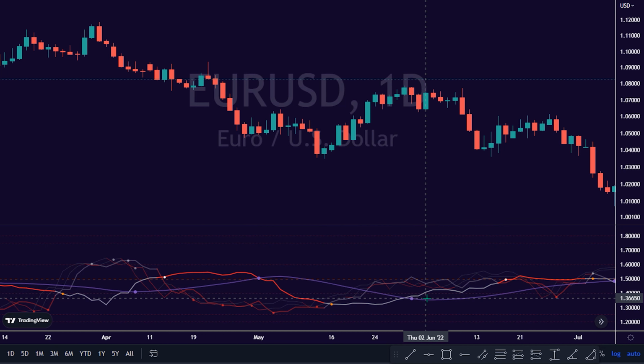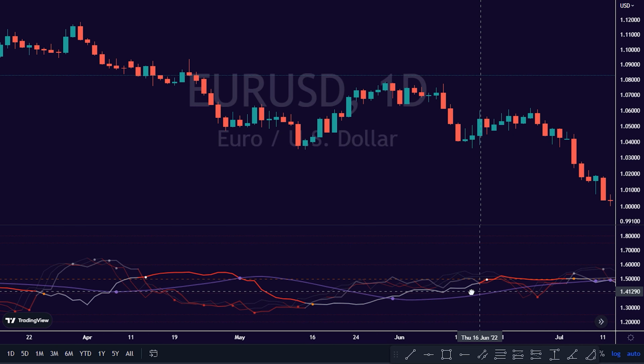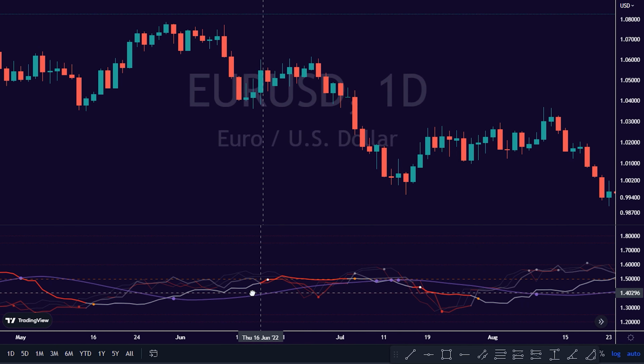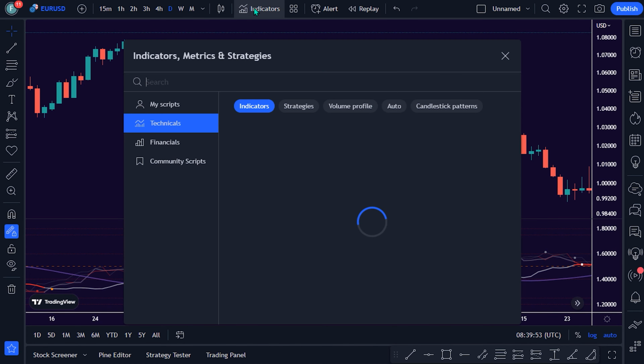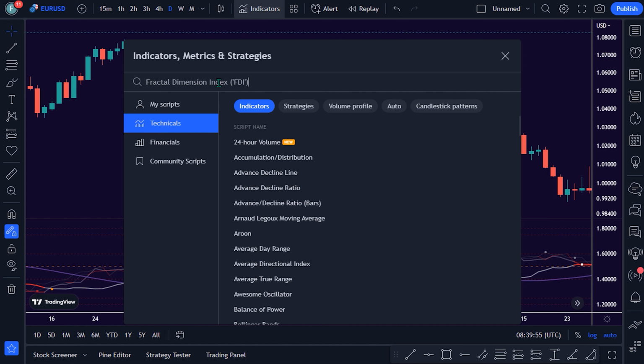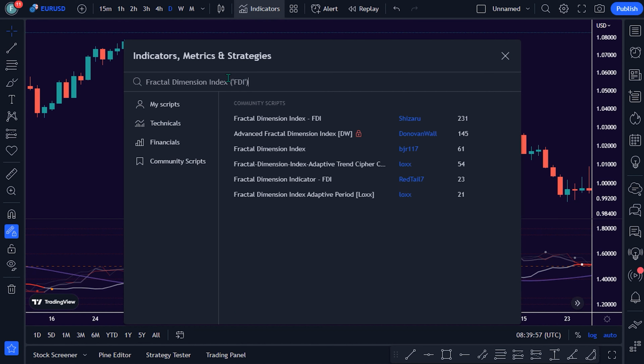Remember that the Mushashi Fractal Dimension Tool is part of Mushashi Alchemist research on the fractal nature of the markets and the understanding of the relation between fractal dimension and chaos theory. Based on this reference, it is necessary for us to recall our knowledge about the Fractal Dimension Index (FDI) indicator.